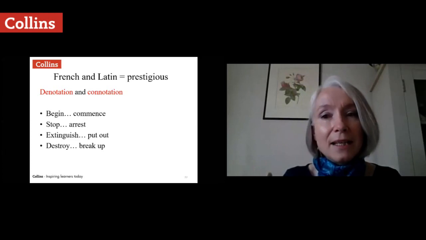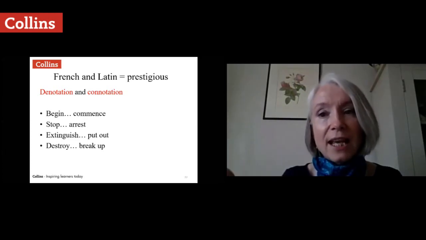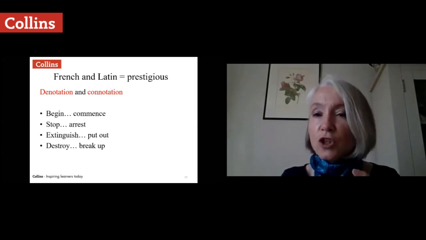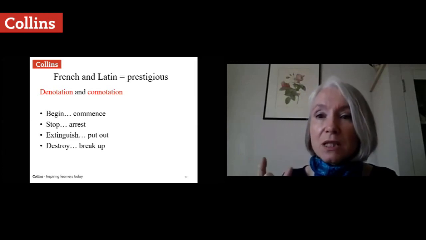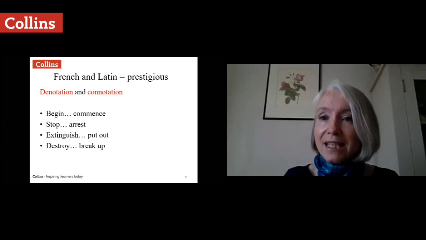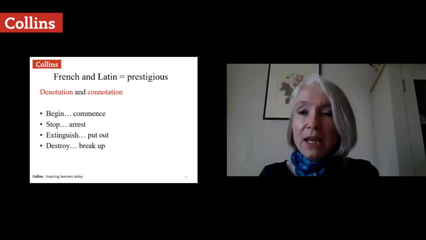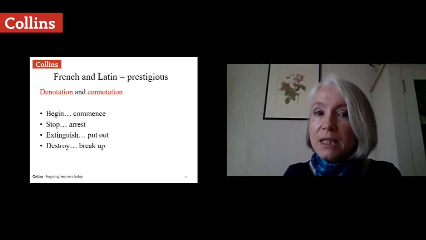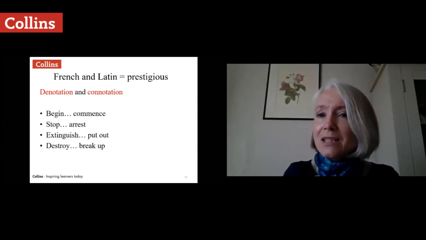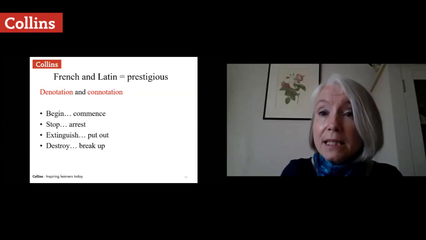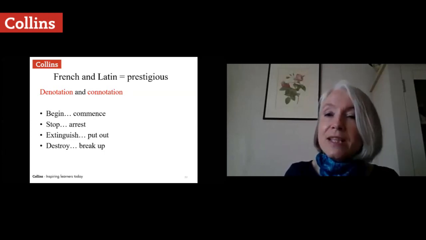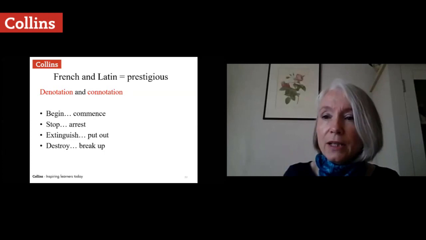But we immediately know, as well-educated learners and users of English, that stop is the neutral term, but arrest has very, very specific connotations about, yes, stopping somebody in terms of taking away their liberty to move around, but it's got associations with that person having done something wrong, people in authority taking away their liberty, the police taking away their liberty. So it's got very specific connotations.